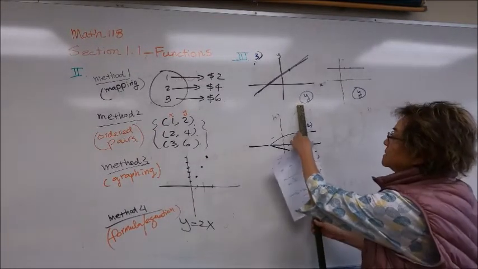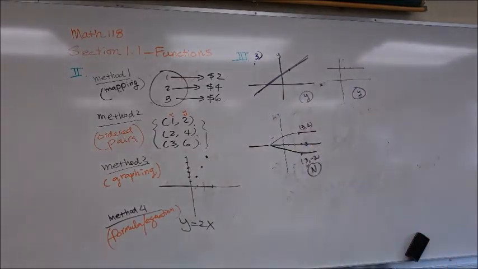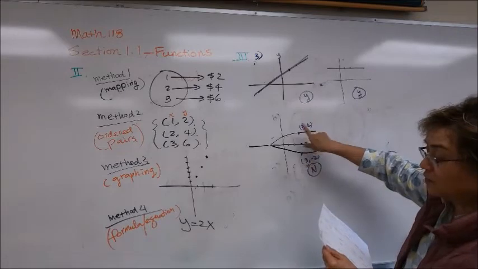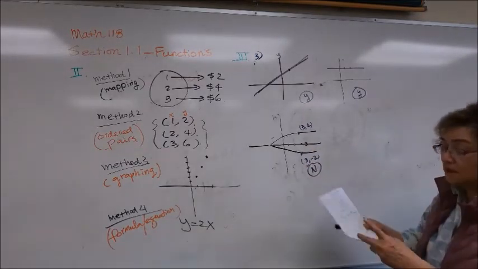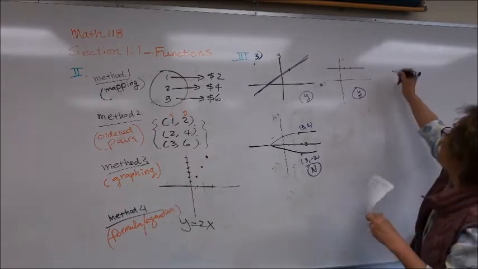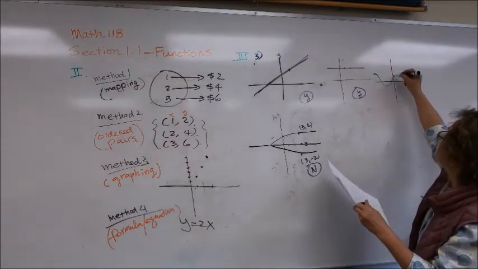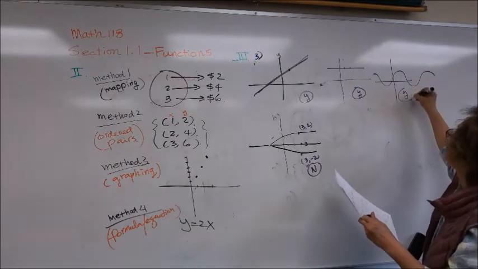If it meets two places, you have two y values, which means it's not a function. So with the vertical line test, if it intersects the graph at more than one point, it's not a function. If you take a look at this way, like this, what do you think? This one is yes.